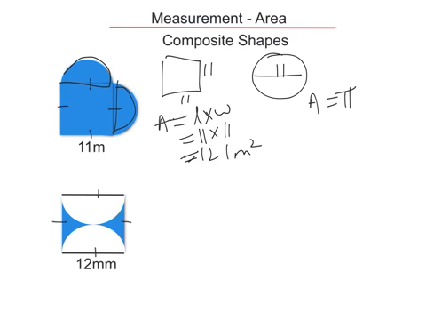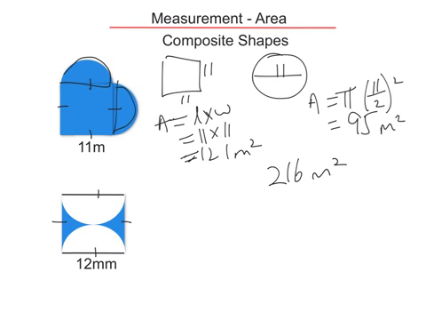Now this time r is half of 11, because 11 is the diameter. And the answer to that is 95 square metres. And then if we add those together, we get 216 square metres. So that's the area for that composite shape, which is a circle and a square put together.